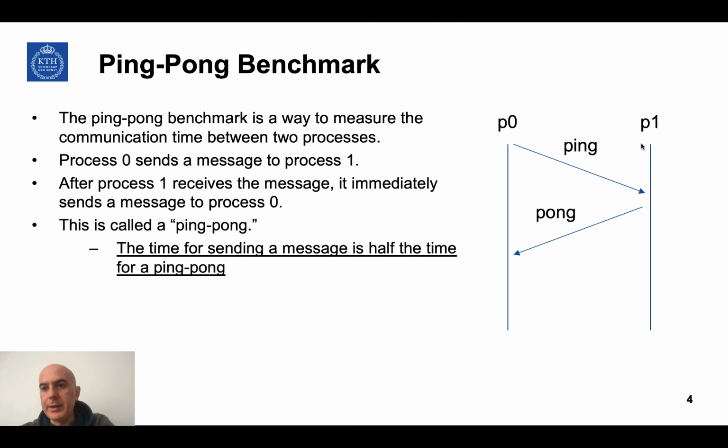As soon as process 1 receives the message, it sends back to process 0 another message, and this phase is called pong. So in the ping-pong we have two messages: the time to send the ping and the time for the pong. The time for sending a message is the time of the ping-pong divided by 2.